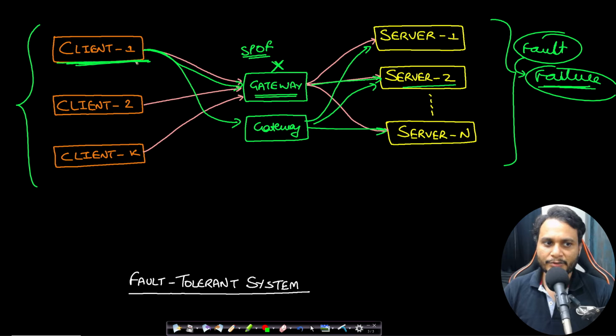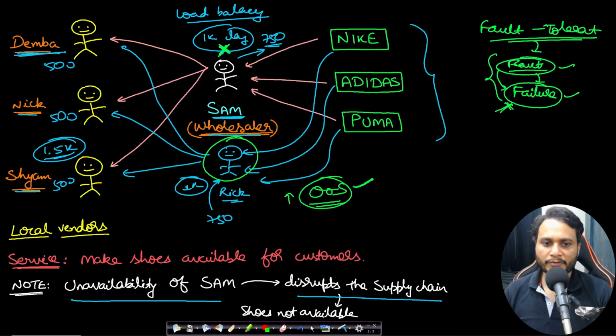So in that case, the end user, the clients, will never feel like one of the gateways was down. Okay, and in this way, even though the fault has happened in the gateway, the failure of service, that means watching the video in this case, will not happen. So a fault will not lead to failure if you have multiple instances, and such kinds of systems are called fault tolerant systems. Okay, so I think the concept of single point of failure is clear.